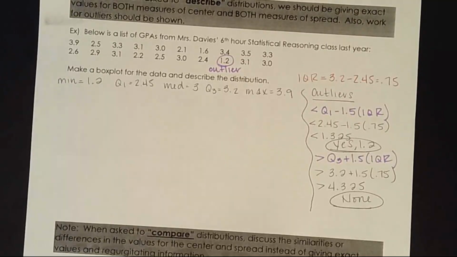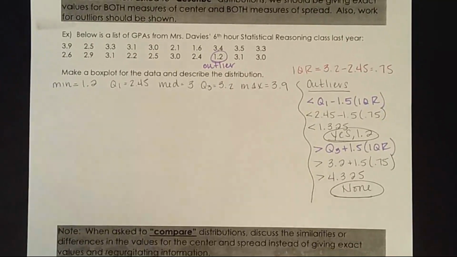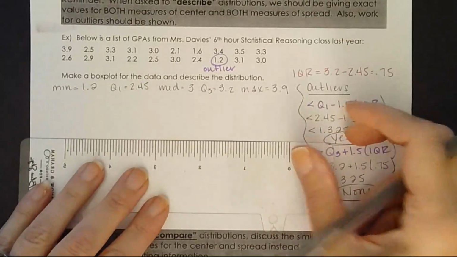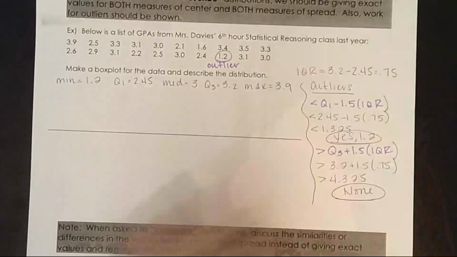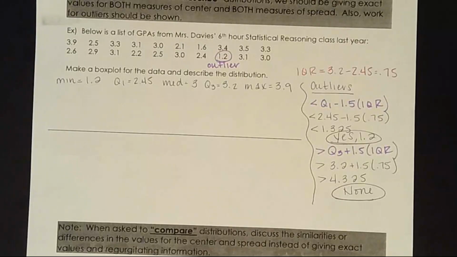Okay, so now we're going to make the box plot, which means we need a number line. Go ahead, use your ruler, draw yourself a number line. So the minimum's 1.2, maximum's 3.9. I'm going to start at 1, you guys, and I'm just going to go by increments of 0.2. But you can go by whatever you want.